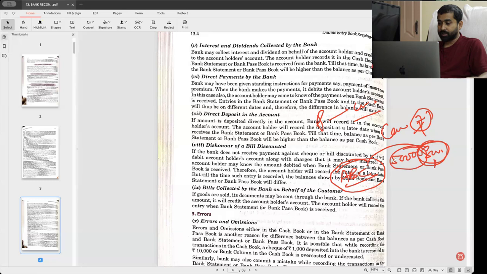Now what has Shreya done? Shreya visited a bank and gave a document. The document is known as the bills receivable. Shreya is going to receive the money, no? I am talking on behalf of Shreya. Shreya is going to receive that money from ABC company, so Shreya has a document known as the bills receivable.